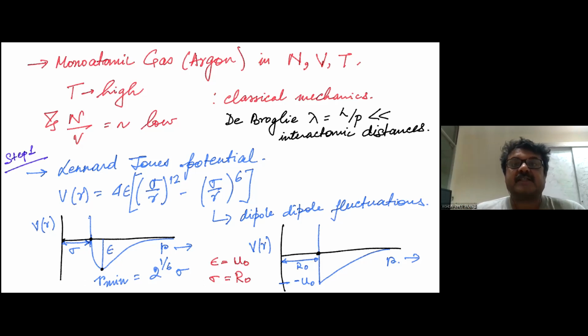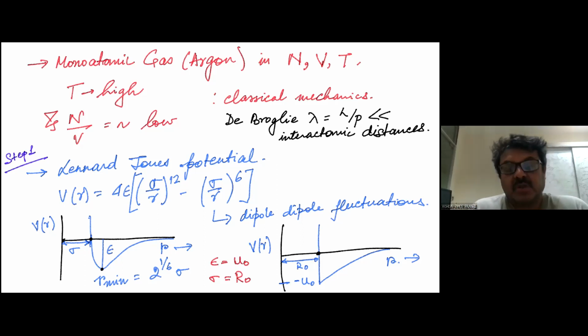So overall it is neutral, of course, but then there are local dipoles which are induced, and the dipole moment is changing as a function of time. And when another atom comes, both have fluctuating dipoles.